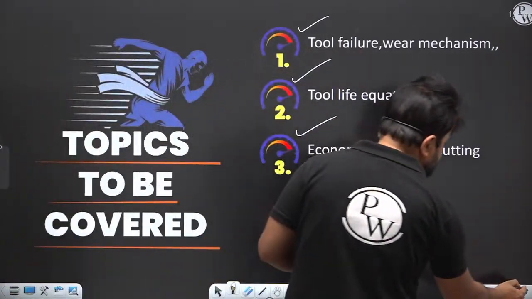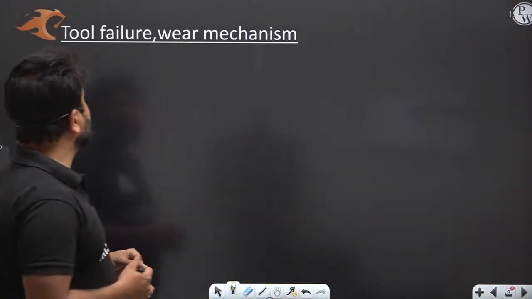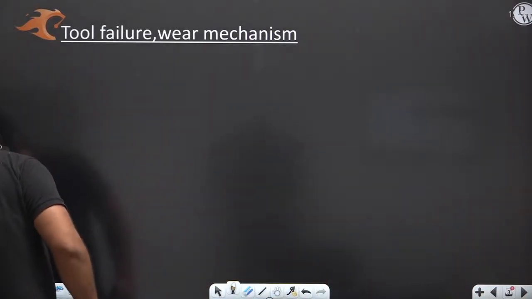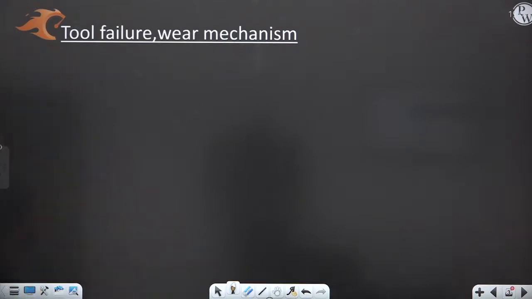Now let's start. My dear, let's try to understand tool failure and tool mechanism first. Before that, let me draw the tool here.